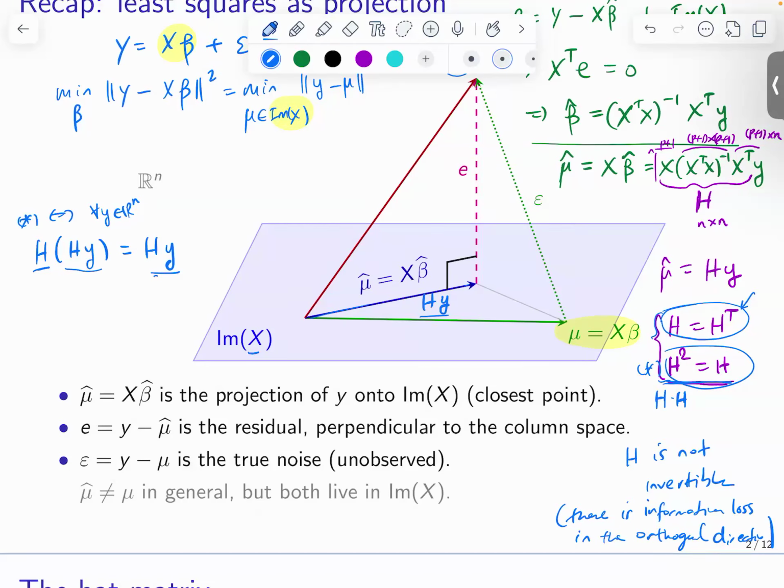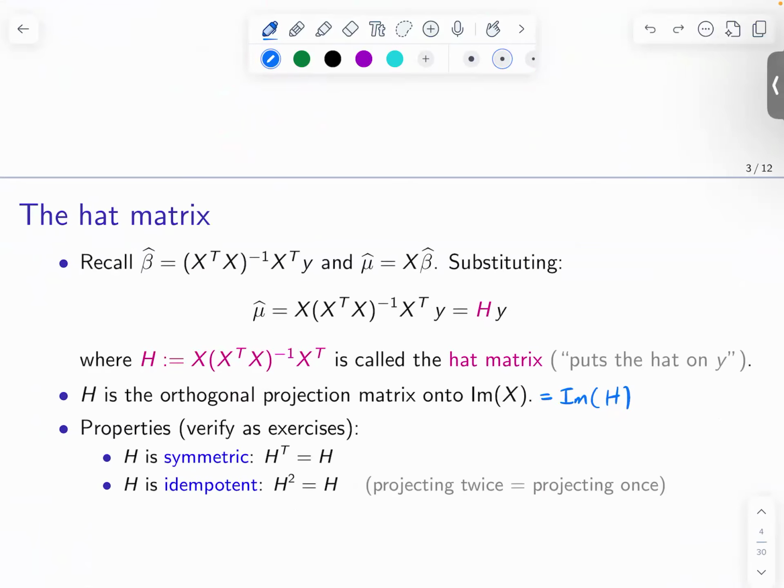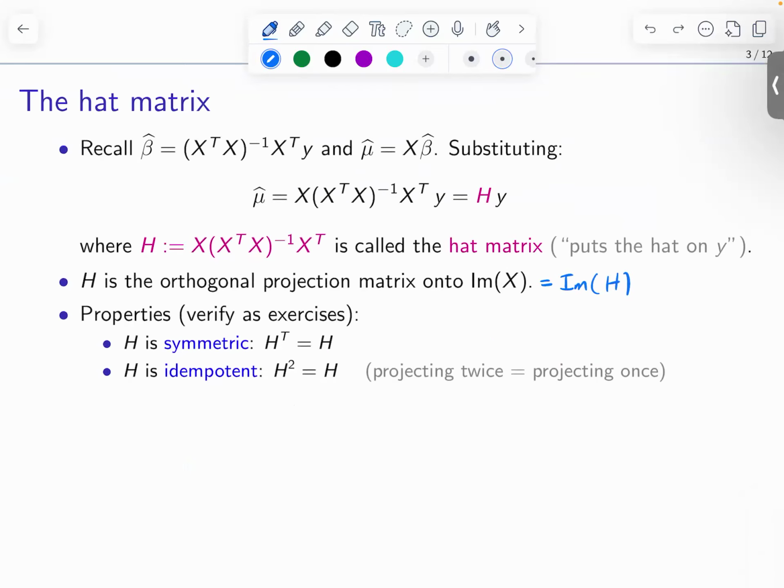I could have chosen different bases in this subspace, this basis or this other basis, and this will give me a different matrix X that will produce the same projection matrix. So once you lose that information, everything is encoded in the H itself. This is one of the homework problems: you change the basis by multiplying X on one side by an invertible transformation, and it would give you the same H matrix.